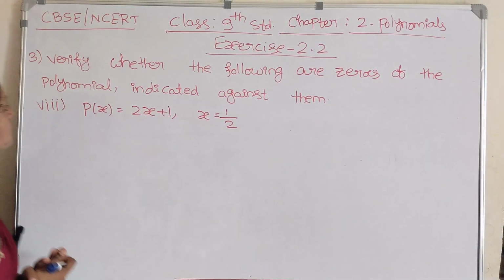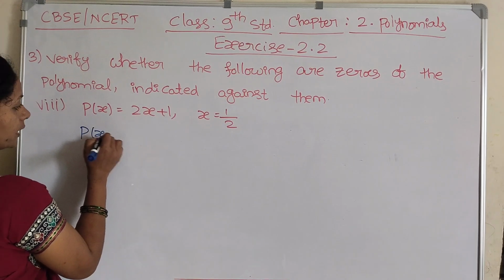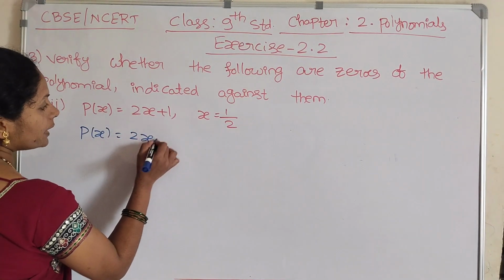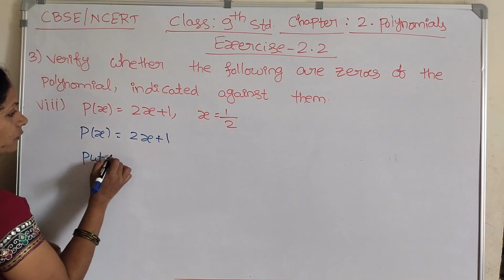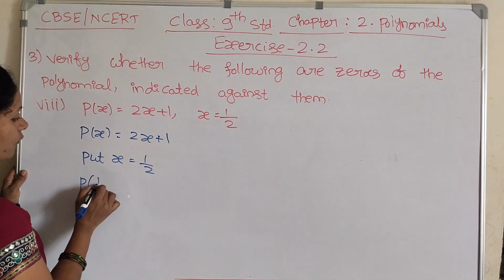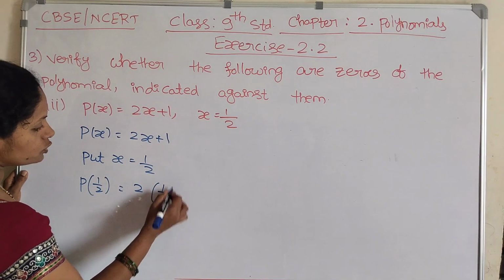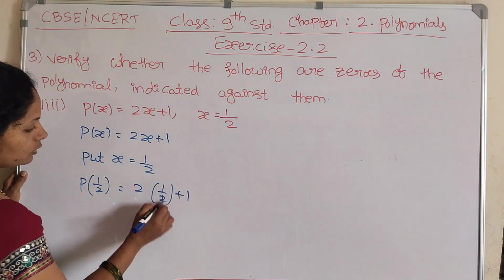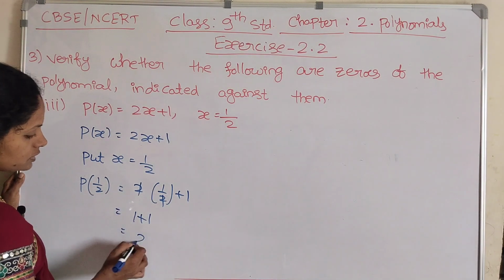Final bit of this question number 3. Given that P of x is equal to 2x plus 1. This is given to us. Put x is equal to 1 by 2. P of 1 by 2 equals 2 into 1 by 2 plus 1. 2 gets cancelled. 1 plus 1 is 2.